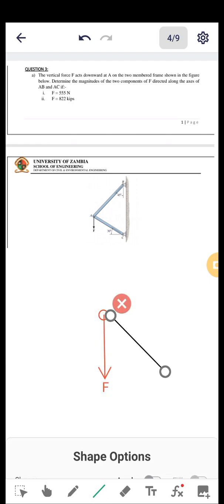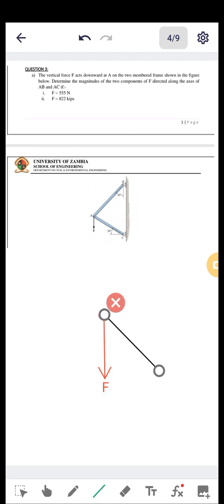I might use a different color for that. So that is force F, and this one from A to C, force AC in short.